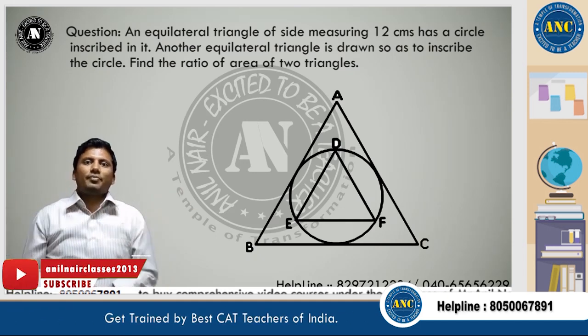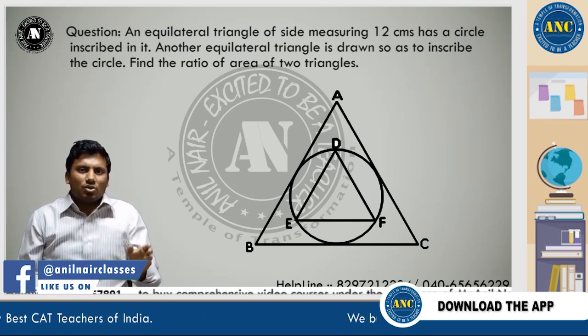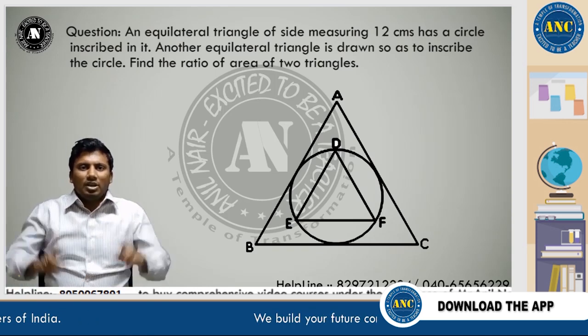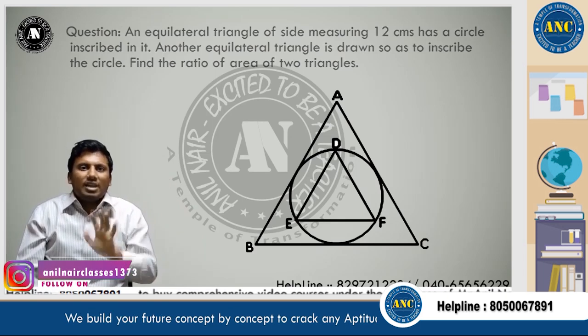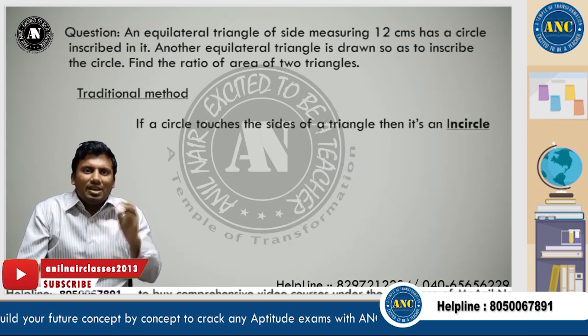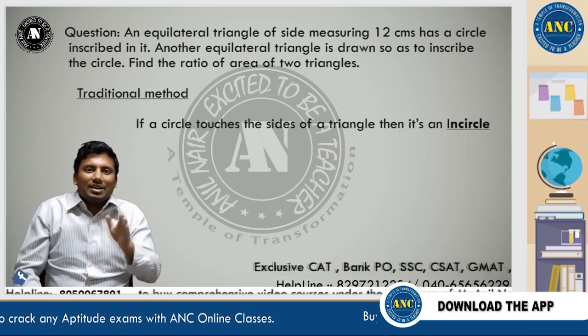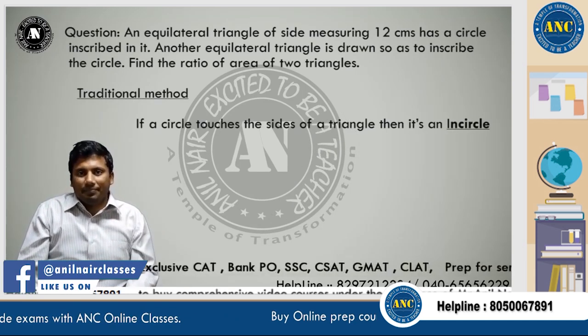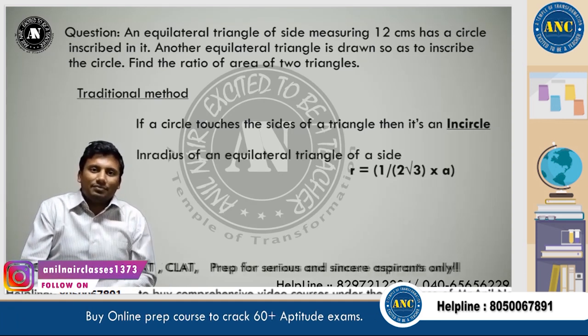This is the question. Generally, most of the students will try to solve this question like this. There is a triangle, inside there is a circle that is inscribed. So if there is any circle which touches the sides of a triangle, it is considered to be an incircle. So we will find out the inradius of an equilateral triangle.